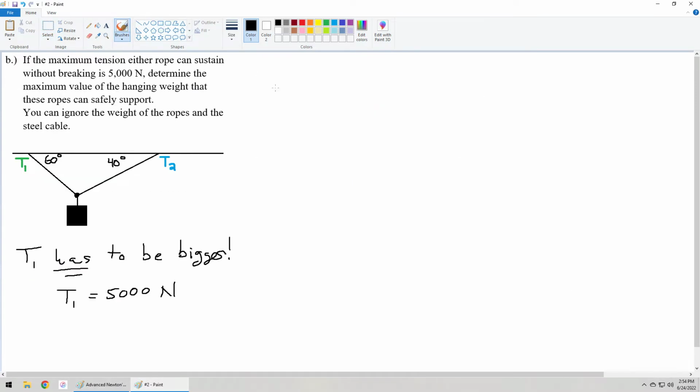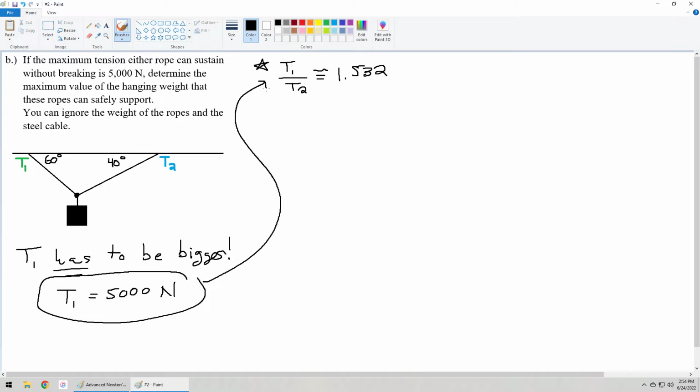I'm going to rewrite this here. T1 divided by T2 is approximately equal to 1.532. Well, that tells me that if I plug in 5,000 for T1 right up here, I can multiply both sides of this expression by T2 and then divide by 1.532. And now I've got what T2 is.